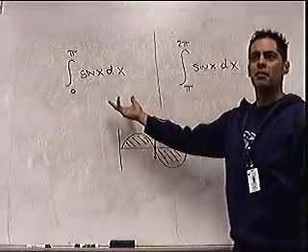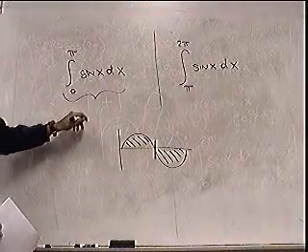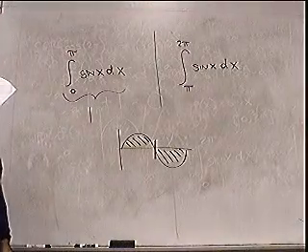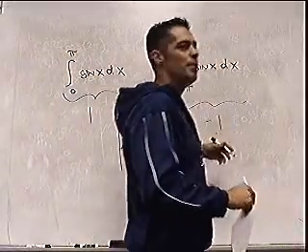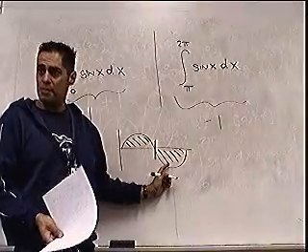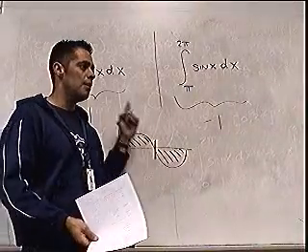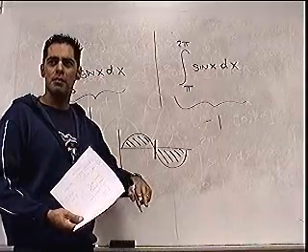This answer is going to give you one answer, right? It's actually going to turn out, I believe, to be 1. And then this answer is going to turn out to be -1. But then you would say, wait a minute, I don't want to count it as a negative area. I want to count it as positive, right? So it would be 1 plus 1 instead. You would get 2. Does that make sense?